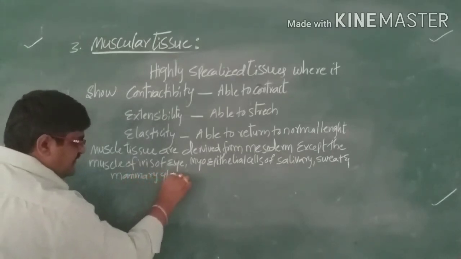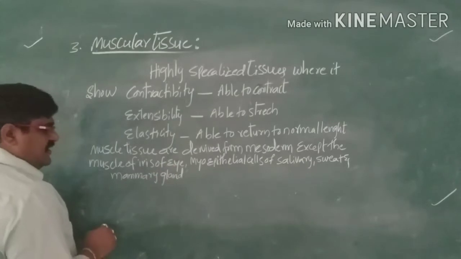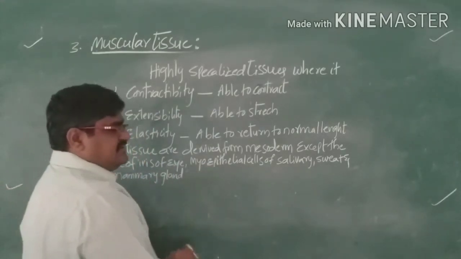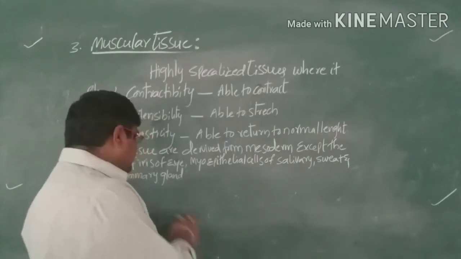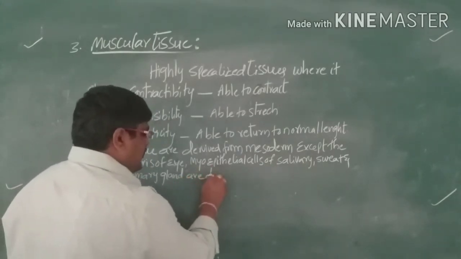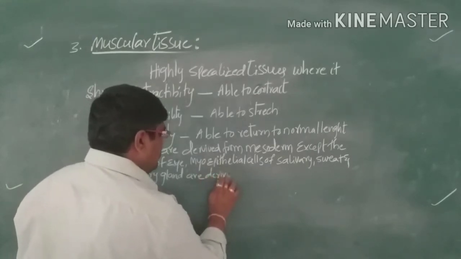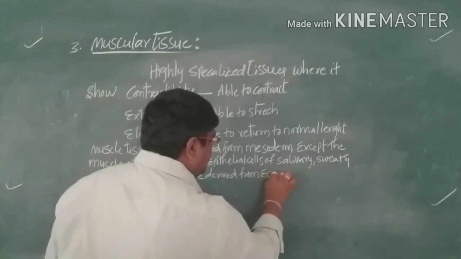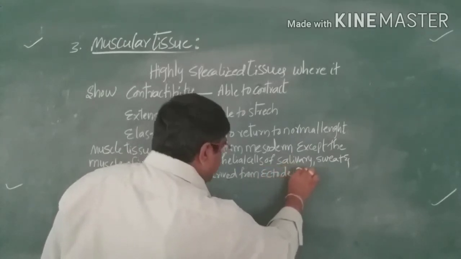These three, the muscles of the iris of the eye, the myoepithelial cells of salivary glands, sweat glands, and mammary glands, are derived from the ectoderm.